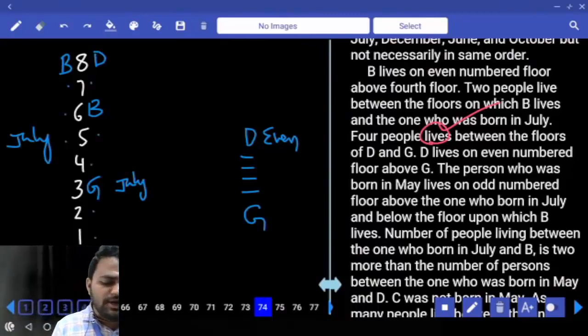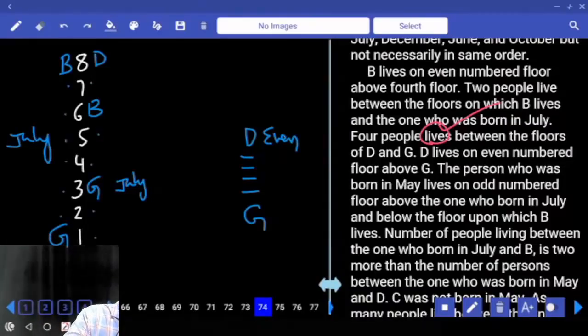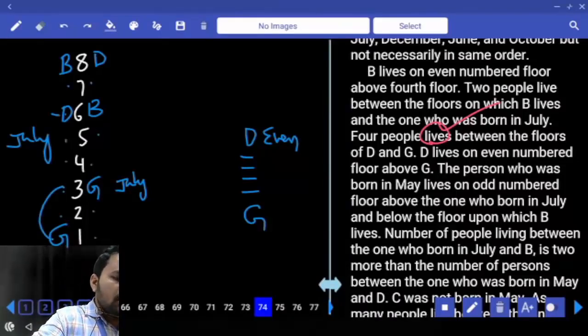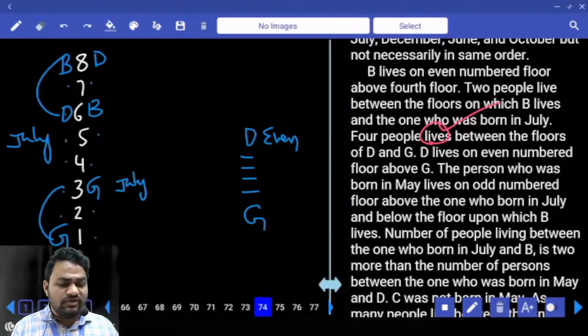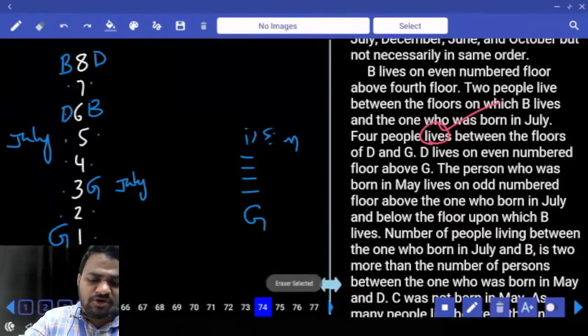Left side possibility: if G is on the first floor, after leaving 1, 2, 3, 4, D will be on the 6th floor, which is an even number. If I place G on the 3rd floor, the 8th floor is not possible for D, which means both D and G are fixed in both the possibilities.